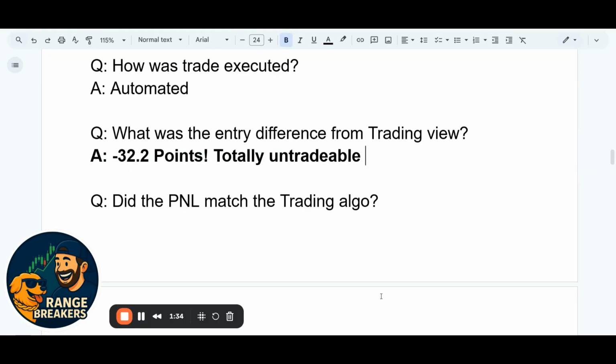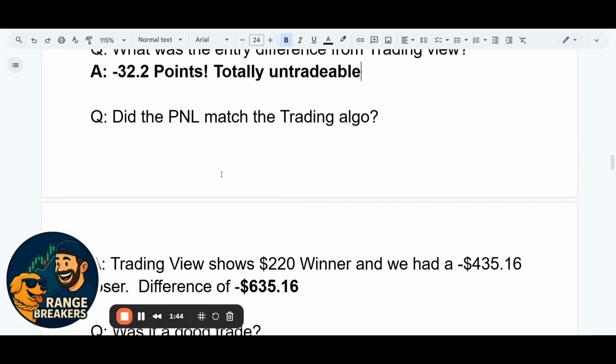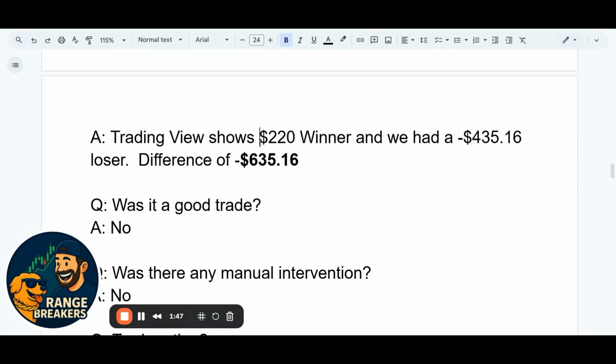So this makes this totally untradeable when I'm shooting for between 10 and 16 points on average. That's double the move in the wrong way. So obviously the P&L did not match. Should have been a $220 winner. Ended up being a $435 loss, a difference of $635.